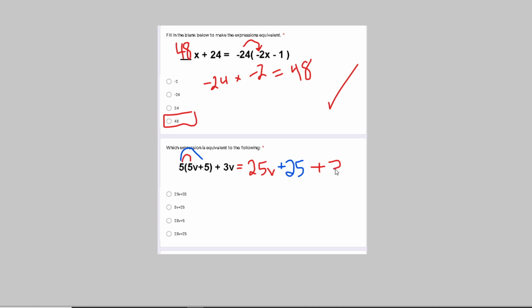So I'll keep that in red, because these are both like terms. 25v plus 3v would be 28v. And then we have the plus 25 left over, because there's no letter next to it. So you can't combine it together with a number that has a letter next to it. So 28v plus 25. This answer down here.